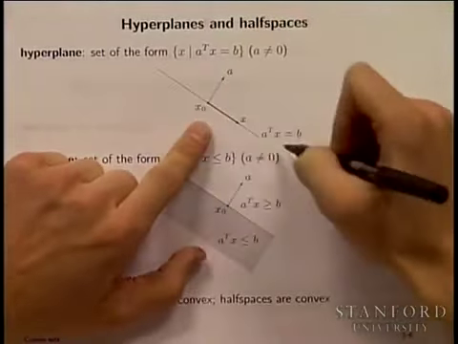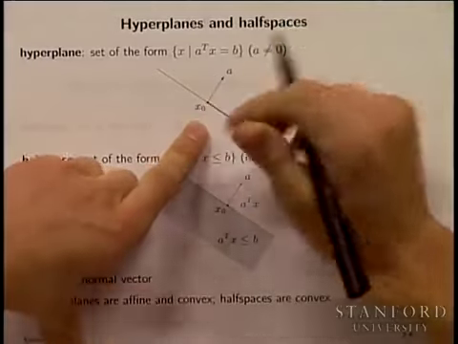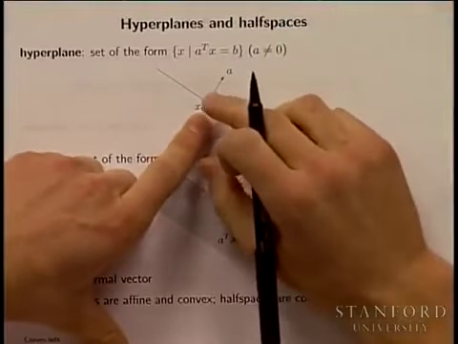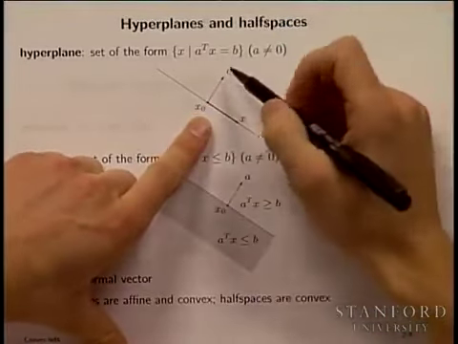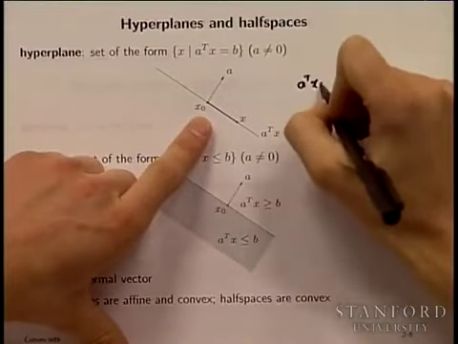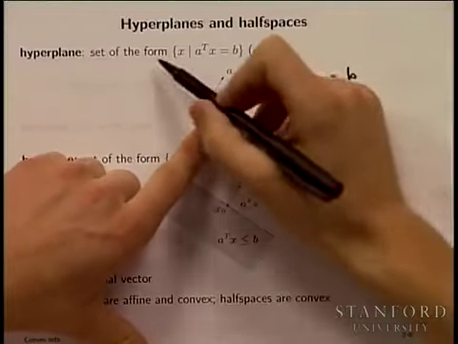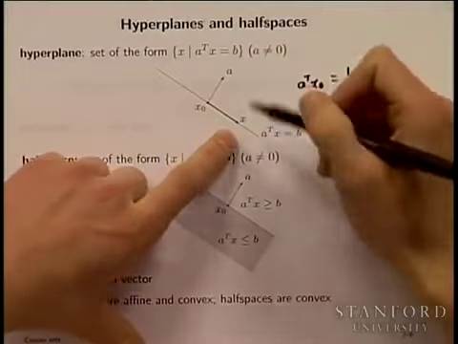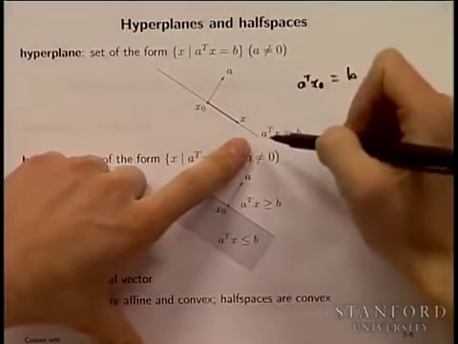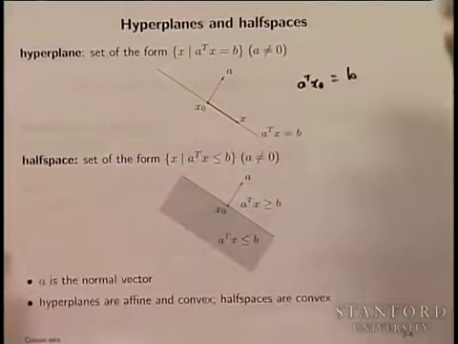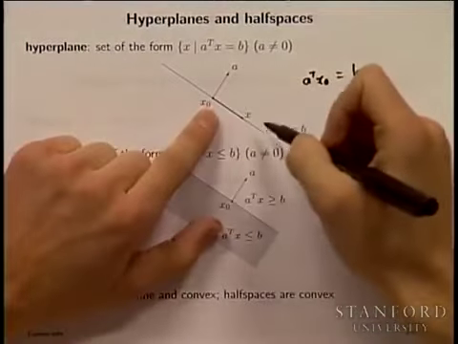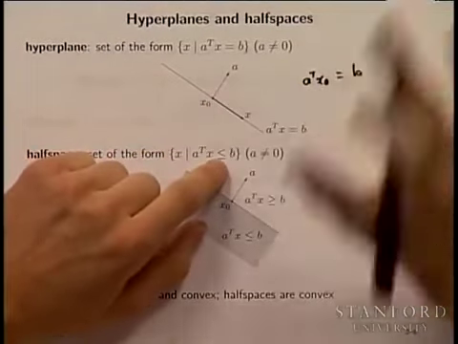This is an example hyperplane. We just parameterize it with a point, say x0, and we need to know that A transpose x0 is equal to B. Any other point that also has an inner product with A of B is also lying on this hyperplane. This is a hyperplane in 2 space, which is a line.